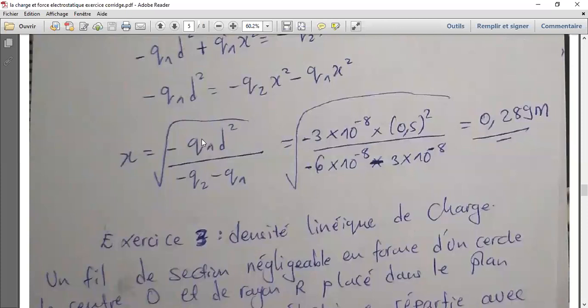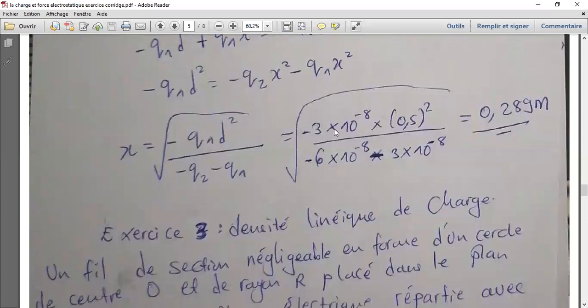Q1 is negative 3 times 10 to the power negative 8, times 0.5 squared, then Q2 is negative 6 times 10 to the power negative 8 minus 3 times 10 to the power negative 8, which is equal to 0.289 meters. So the distance x is 0.289 meters for you to have the equilibrium.